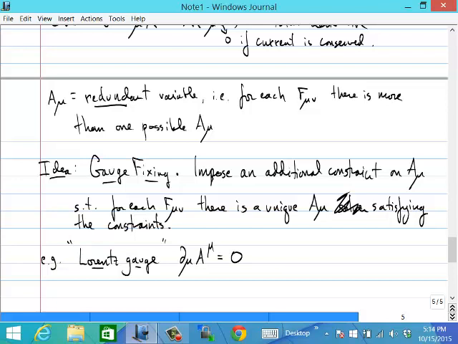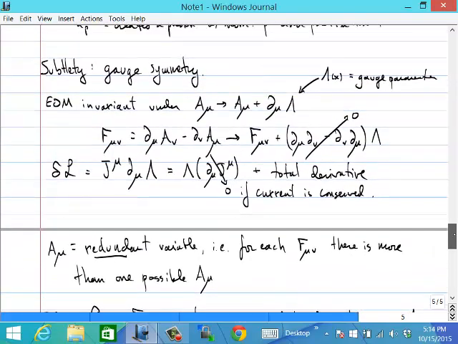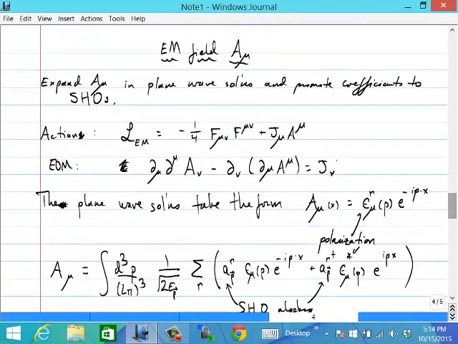One advantage of the Lorentz gauge condition is that the equations of motion are very simple in Lorentz gauge. So let's remind ourselves, what were Maxwell's equations? Well, there they were. And this guy is just set to 0 by the Lorentz gauge condition.